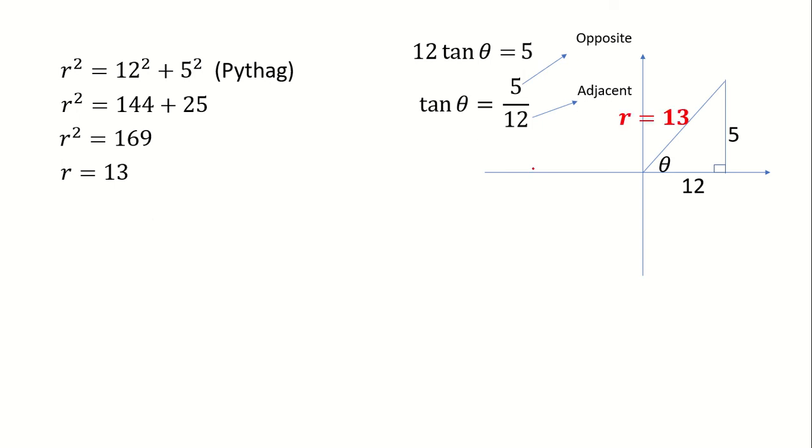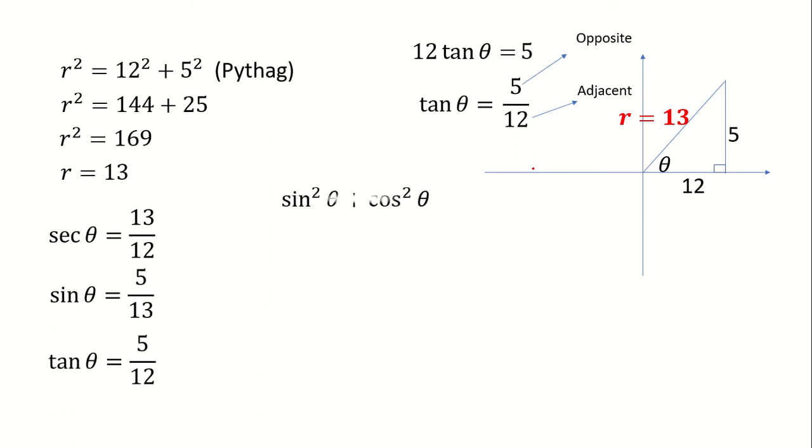All right, now once I've got r, I can simply find my sec theta, which is my hypotenuse over my adjacent, and sine will be opposite all over hypotenuse, which is 5 over 13, and tan will be 5 over 12, which was simply given to you.